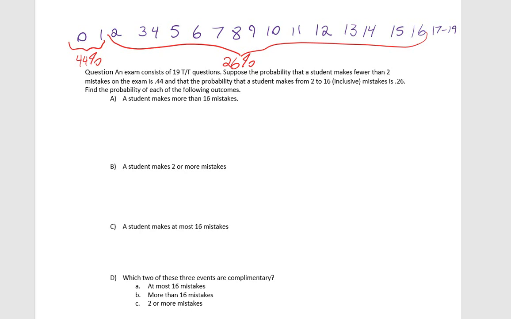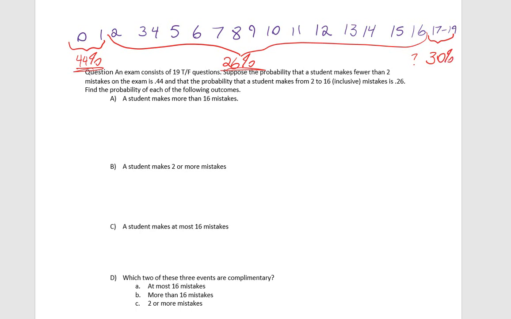So my question for you, before we even look at the questions, is what's the probability they make 17, 18, or 19 mistakes? Well, remember, they're going to make between 0 and 19 mistakes, so these probabilities need to add up to 100. So 44 plus 26 gives us 70, which leaves 30% to work with over here.